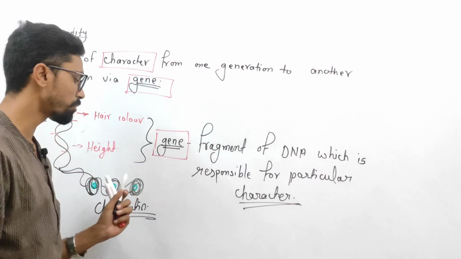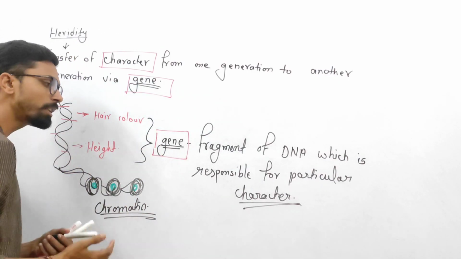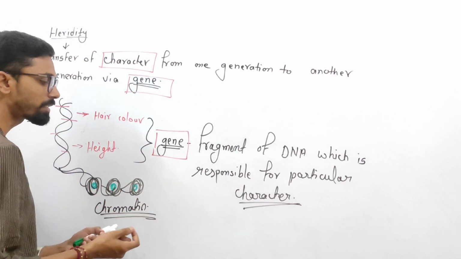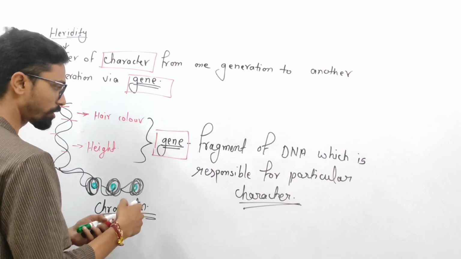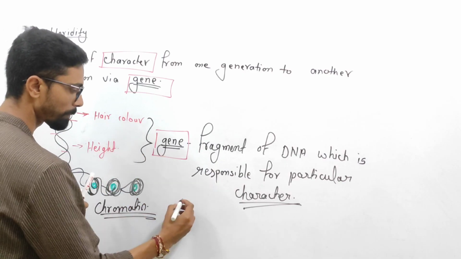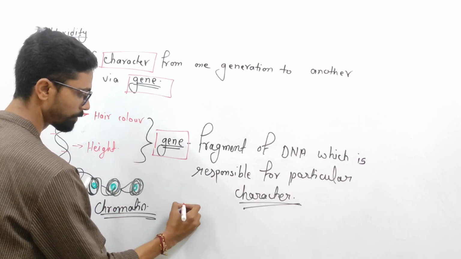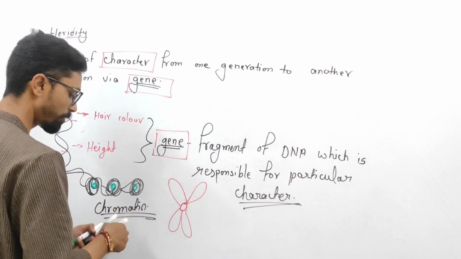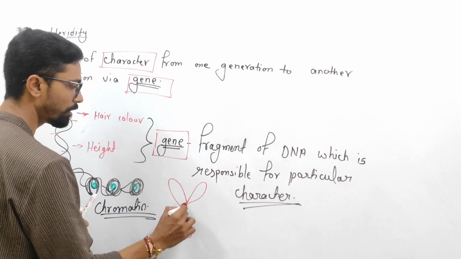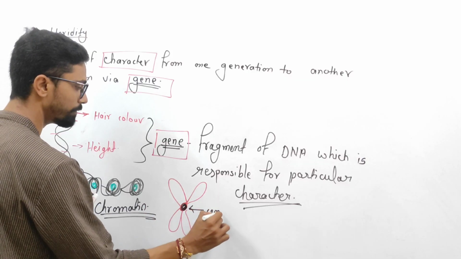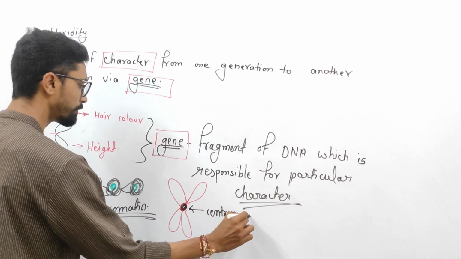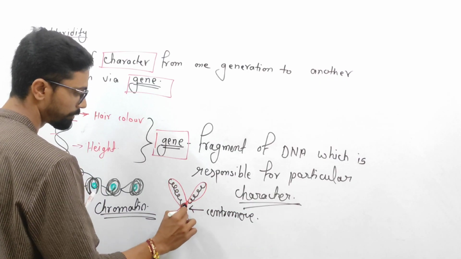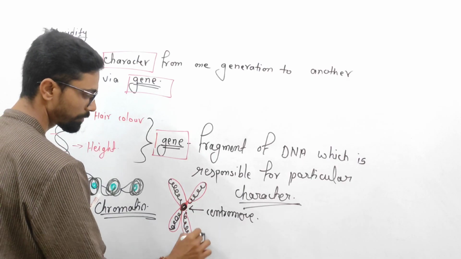So chromatin is a condensed form of DNA along with histone protein. When cell division needs to occur, the chromatin takes an X-shaped structure, called a chromosome. At the center we have a centromere. So here we have a chromosome.